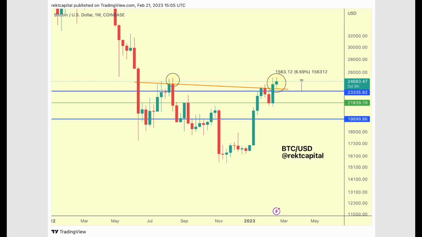And before, right over here for instance, we got a failed retest of this blue level, and we got the same here, but this failed retest got price all the way to sub 20k regions, whereas this failed retest of the blue level only got price to 21,800 before a rebound actually happened to confirm a break beyond this lower high resistance.